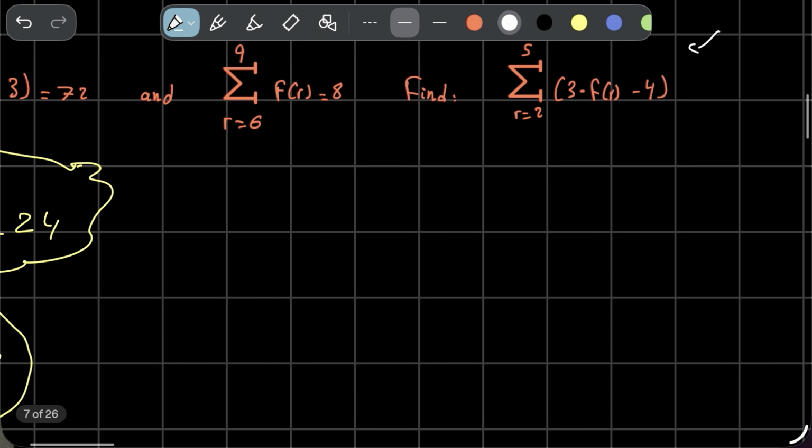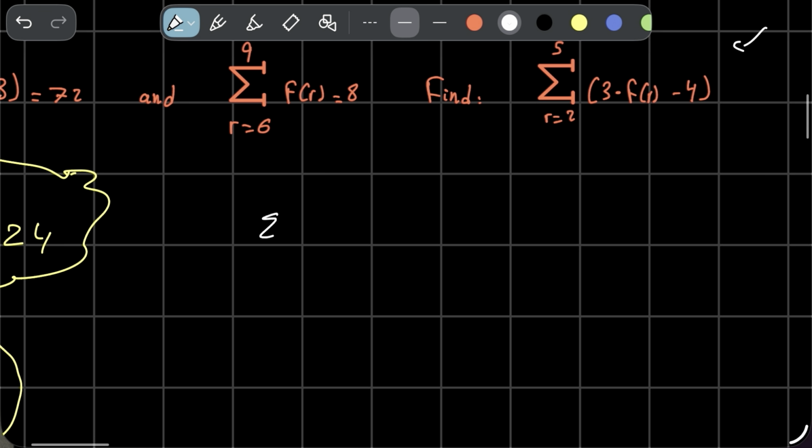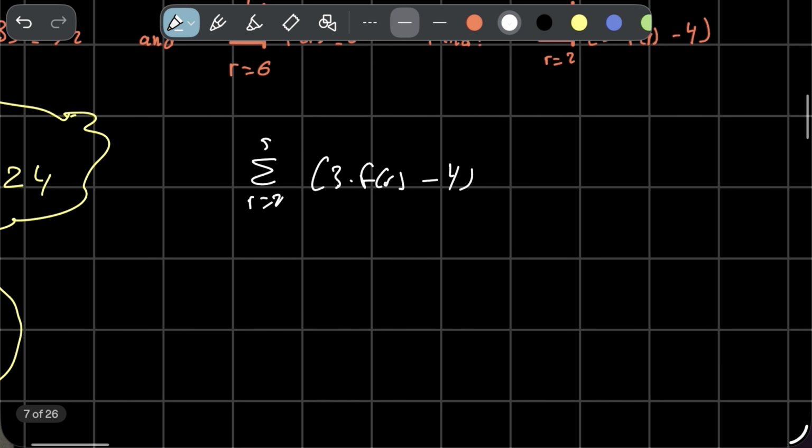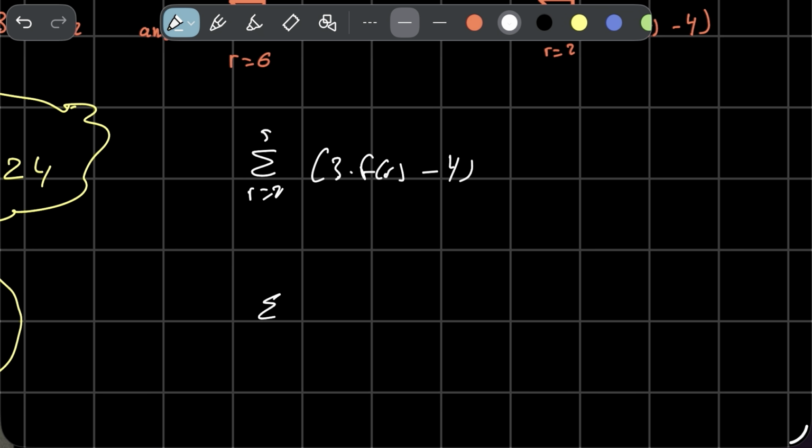First, let's expand it. Sigma r equals 2 to 5 of 3 fr minus 4. So it's sigma 3 fr minus sigma 4. This 3 will go here, so it's 3 sigma fr minus sigma 4.